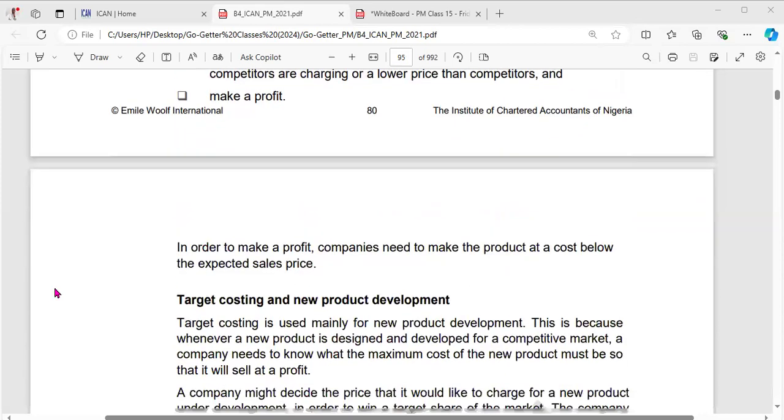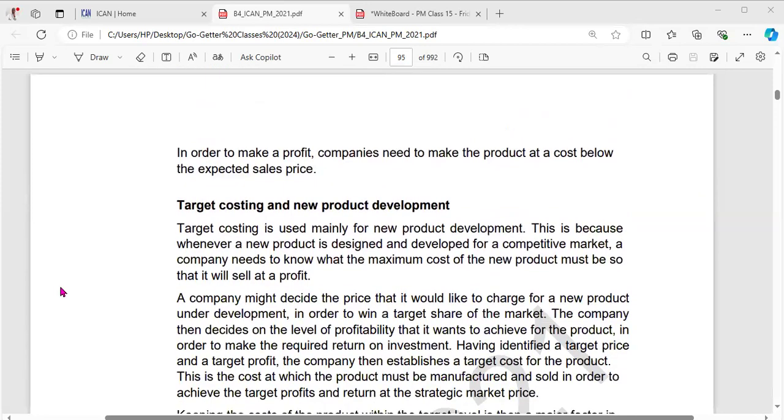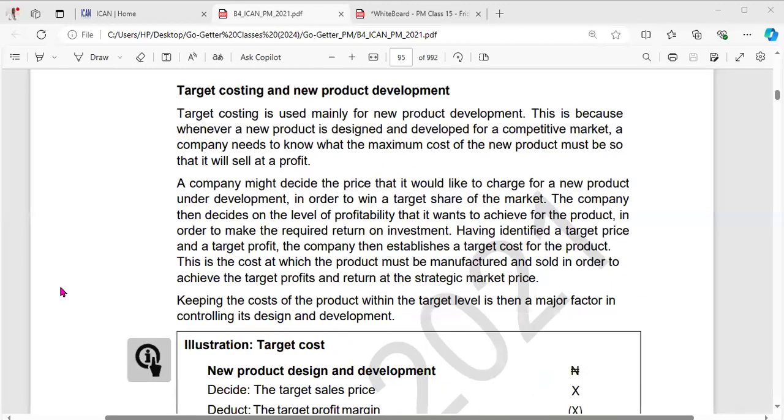All right, so target costing and new product design development. Target cost is mainly used for new product development. This is because whenever a new product is designed and developed for a competitive market, a company needs to know the maximum cost of the new product so that it will sell at a profit. So if you don't know how much you are going to spend, you will not know how much you will charge as your price so that you will make profits.